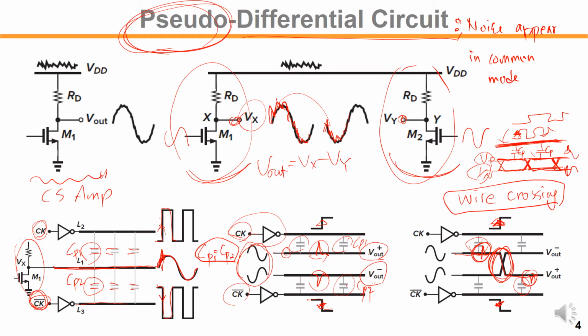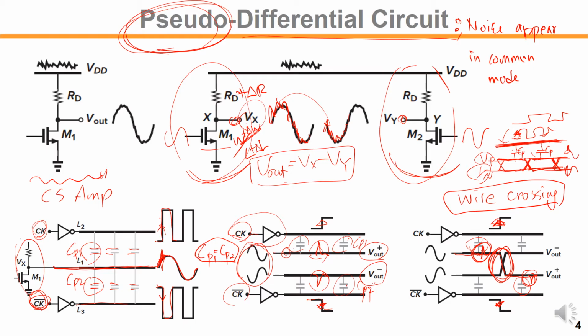But the problem is that if those two circuits are not exactly matched, I mean, if there's any mismatch on that R or transistor size W over L, if their sizes have a mismatch through process variation, then even though you take out the difference, you may still see residual noise on the output.